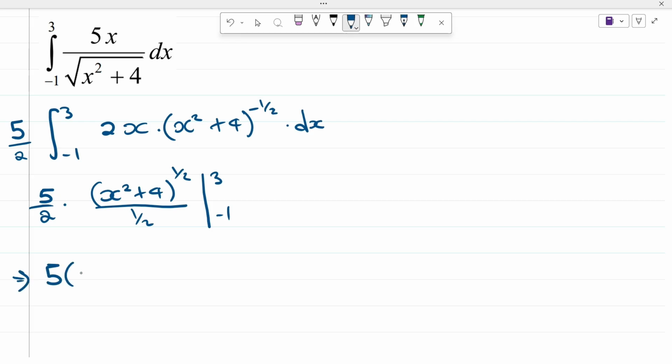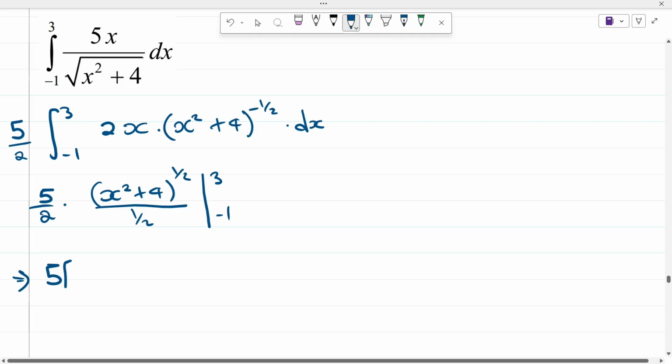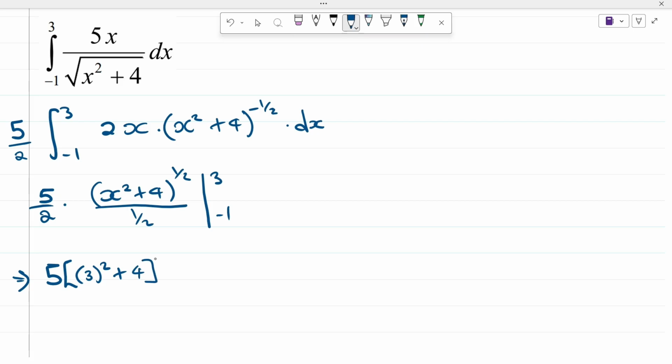So I substitute my limits. This is going to be 5, and then I substitute the limits, 3 squared plus 4 all to the power of half, minus 5 into x squared, so x squared is going to be minus 1 squared plus 4 all to the power of half.